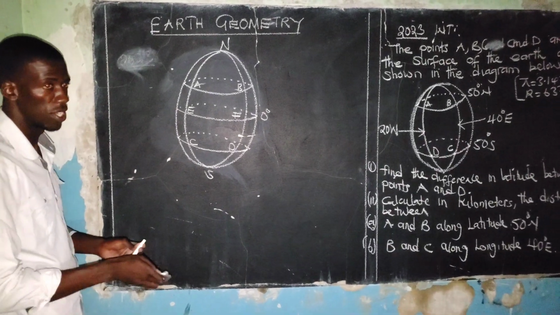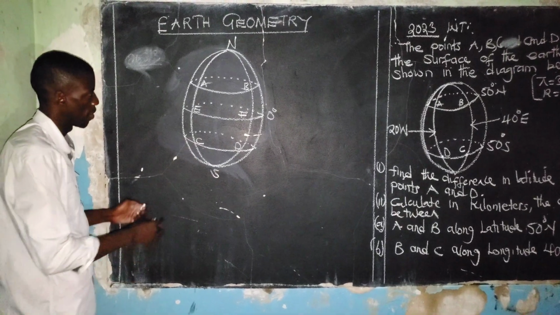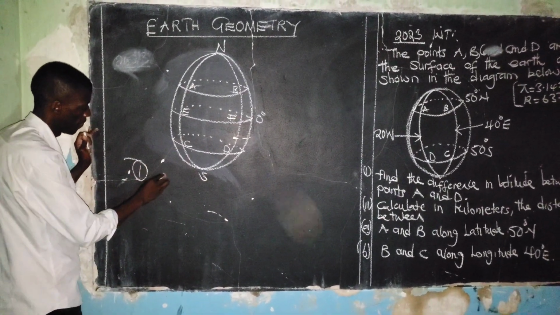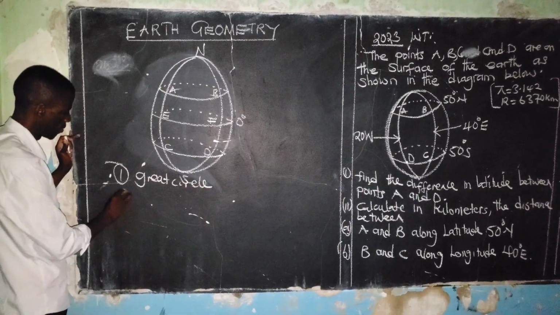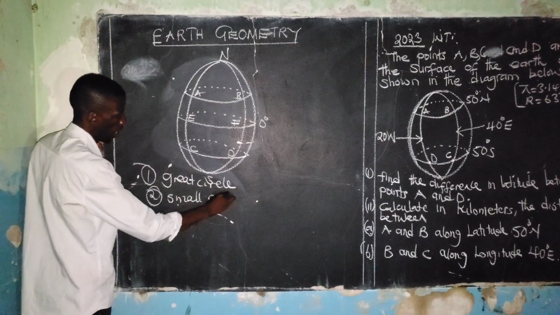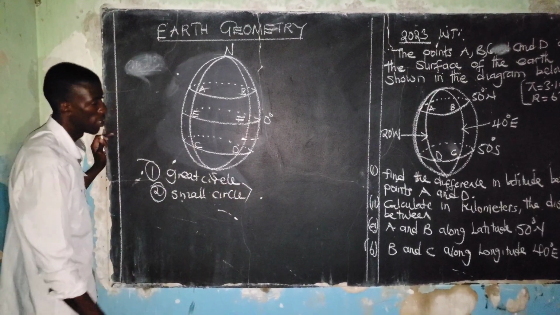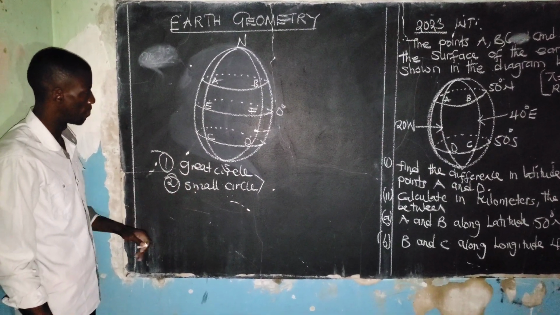There are a few things that we need to know as we are about to answer this question. The first thing is to know about a great circle. Then the second thing is to know about a small circle and the formulas that are being applied in order to get these things. Okay.